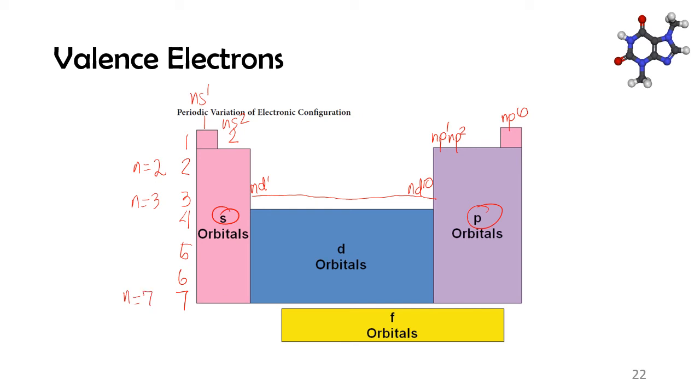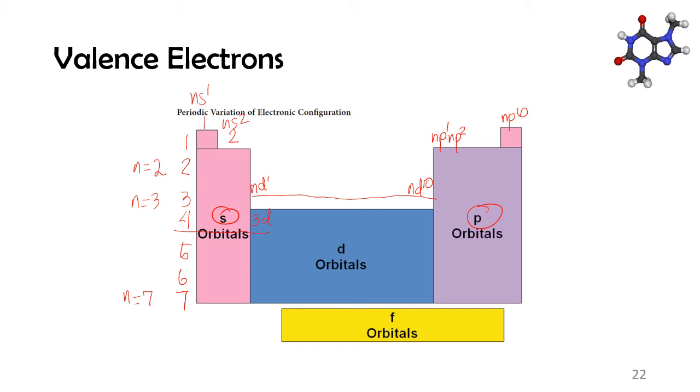The d block begins in period 4, but we know that in the electron configuration, the lowest energy level for d orbitals is n equals 3. Thus, the first row of the d block ends with a 3d shell.